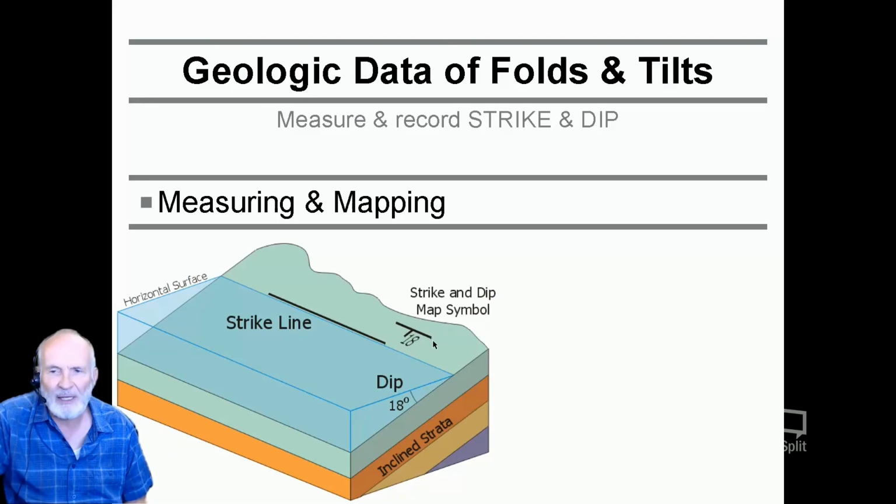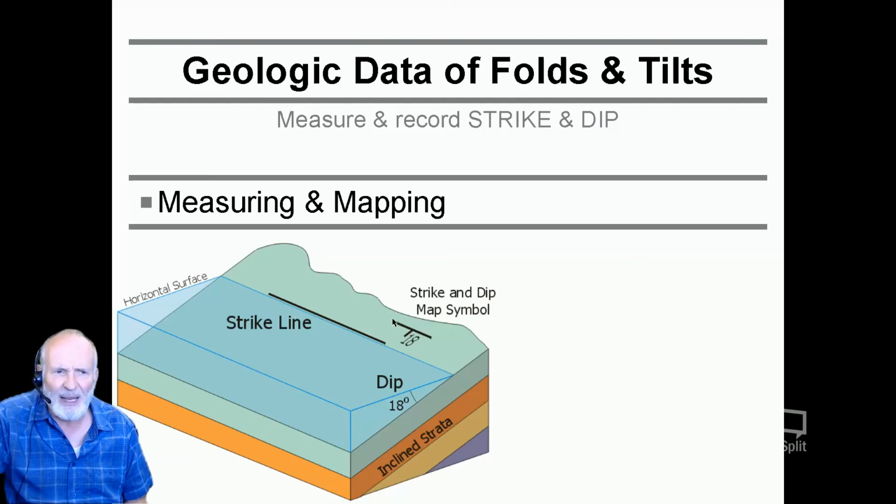Looks kind of like a little lopsided T. That's my T bar, very, very long with a tick mark that goes downhill perpendicular, and the number there indicates by how many degrees it tilts actually into the ground. Remember, strike and dip are perpendicular to each other, and you can see this here quite nicely.